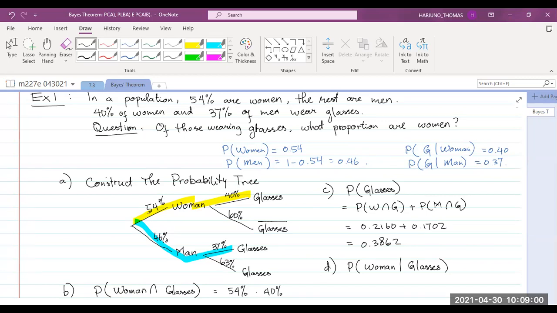Now if you are the manager and you want to sell glasses, then your glasses are supposed to be mostly for women or mostly for men. Of course, you need to serve both, right? But will you have more models for men or more models for women?